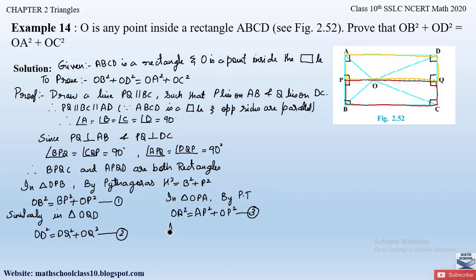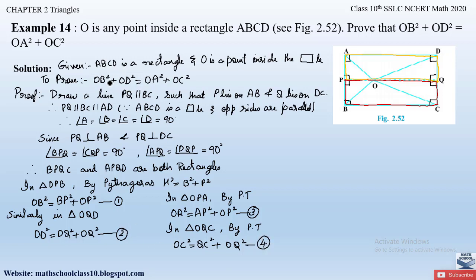So again in triangle OQC by the Pythagoras theorem we have the hypotenuse square, that is OC square, is equal to the base QC square plus the perpendicular OQ square. Let this be equation 4.